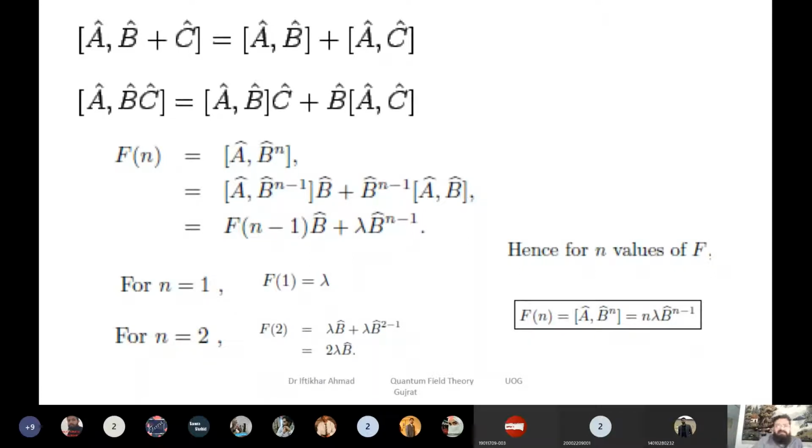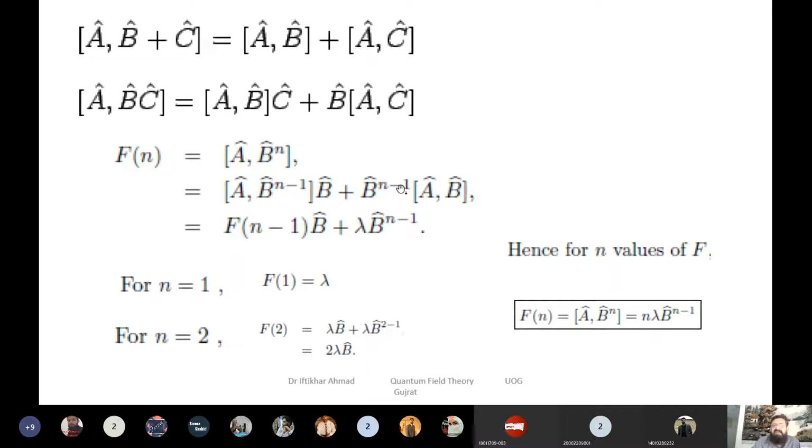Okay, we can apply this definition. First of all, you get one B outside on the right hand side, and B^(n minus 1) on the left hand side, because we can write B^n equal to B^(n minus 1) into B. So B^(n minus 1) is here and B is here.